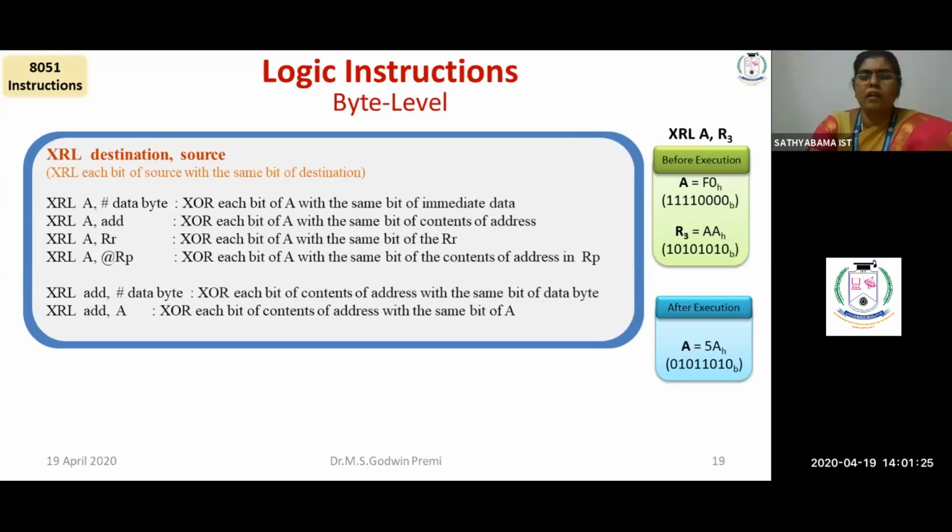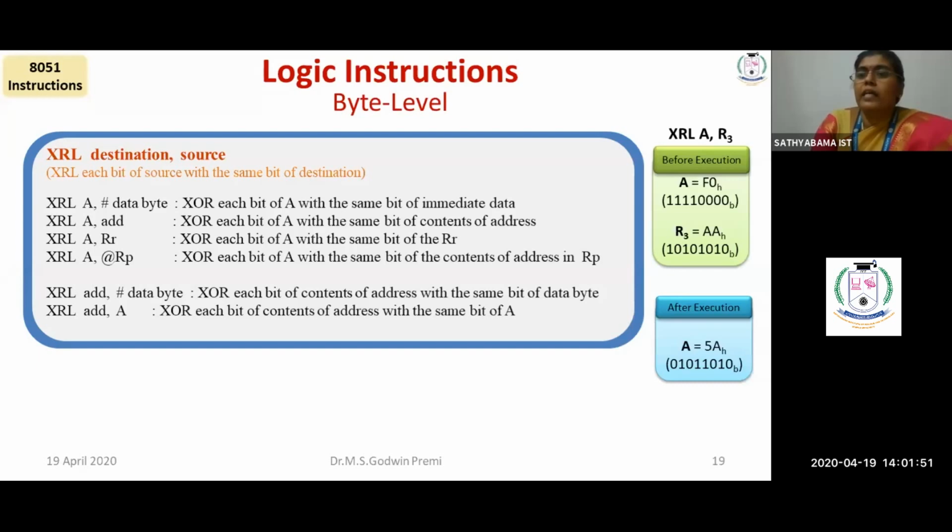Coming to the next group, that is the XRL destination comma source. Here we are performing the logical XOR of each bit of A with the same bit of immediate data. Here it is XRL A comma hash data byte. XRL A comma direct address means XOR each bit of A with the same bit of contents of direct memory address.